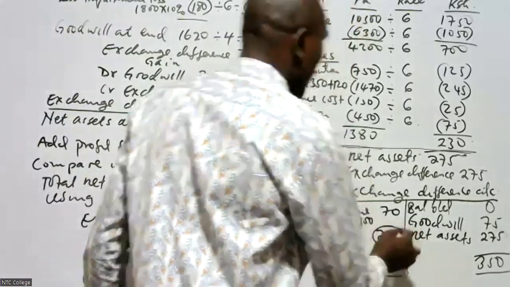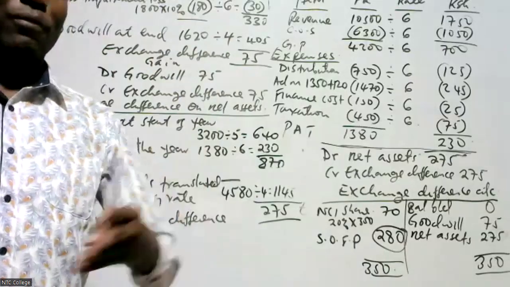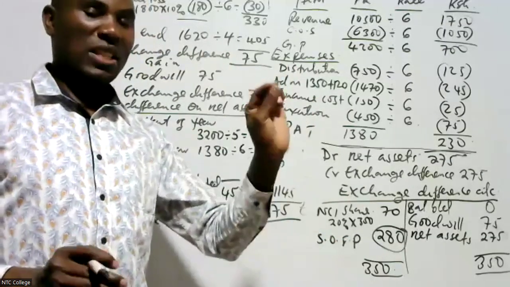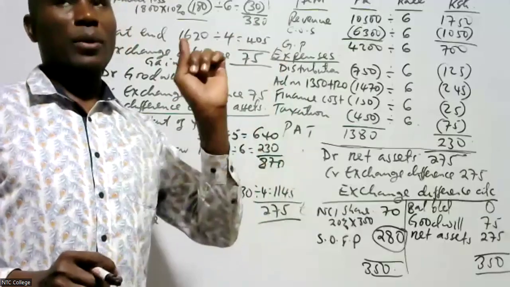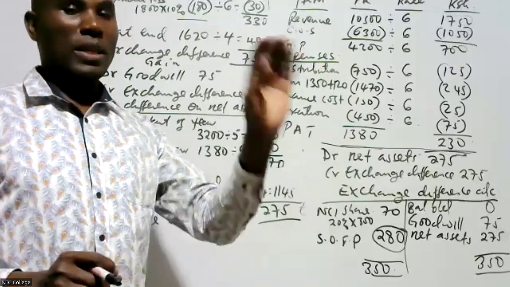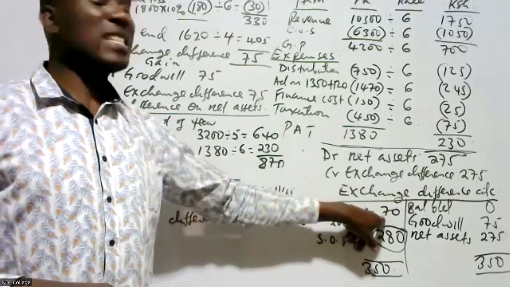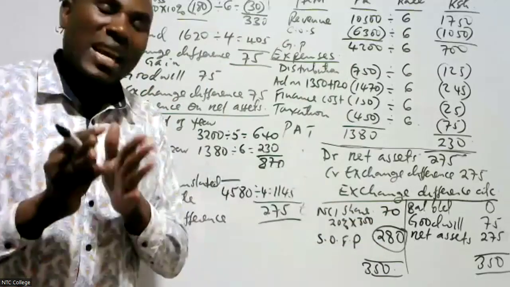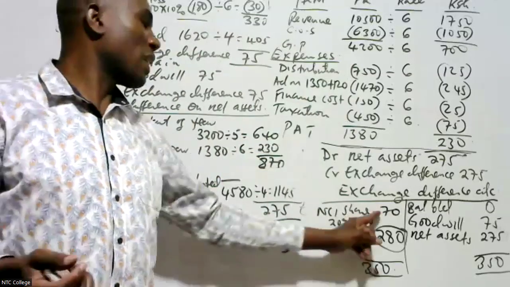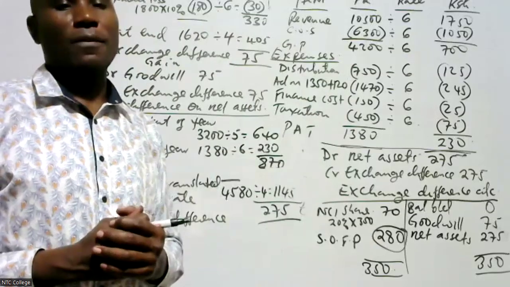Therefore, this 280 is what we shall take to our balance sheet as our exchange difference, under the net assets, where we report ordinary share capital, share premium, retained earnings, NCI, then we report exchange difference. Then the one for NCI, we shall give it to NCI. When we determine the net assets of NCI for consolidation, we also give them the exchange difference there.